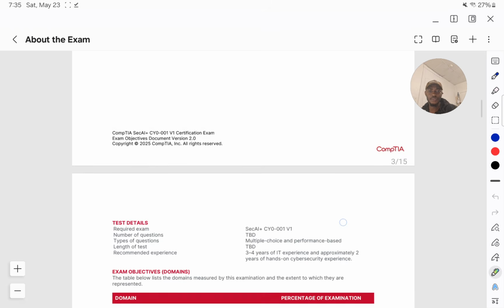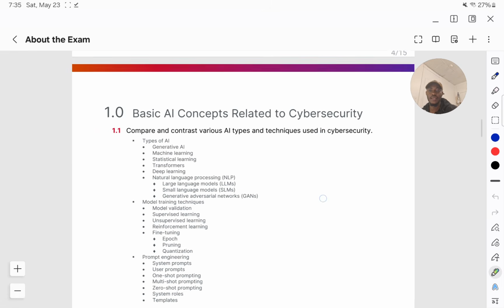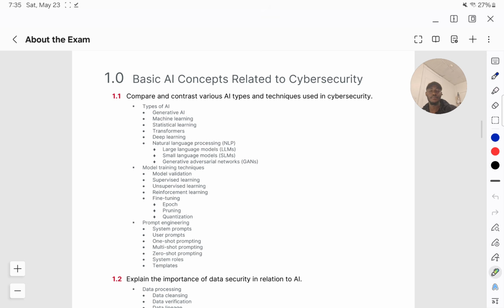So just like I said, it has those four domains at 17, 40, 24, and 19% respectively, and it has a very granular coverage of each of the four topics.